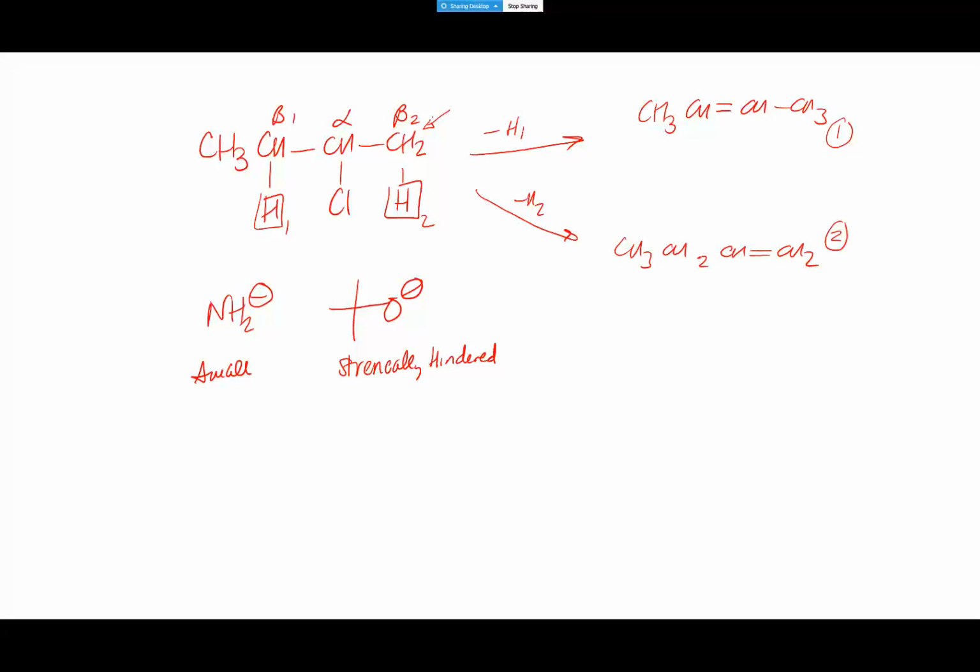So how easy is it for NH2 minus to get to H1 or H2? Sterically, can it get to H1? It'd be easier getting to H2, but can it get to both? Yes. It can get to both. How about the sterically hindered tert-butoxide?